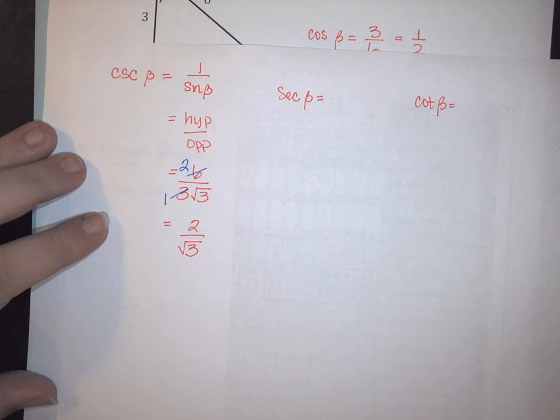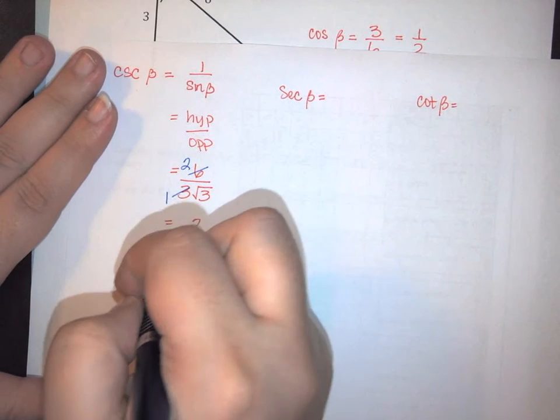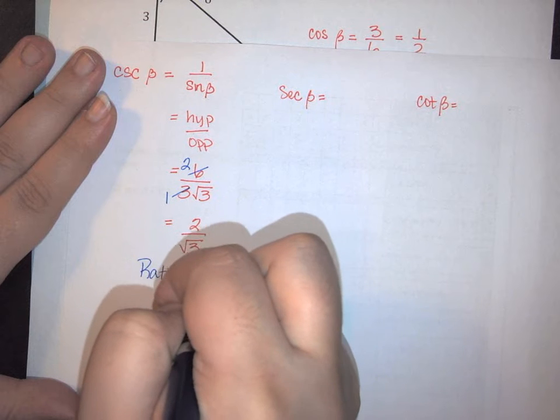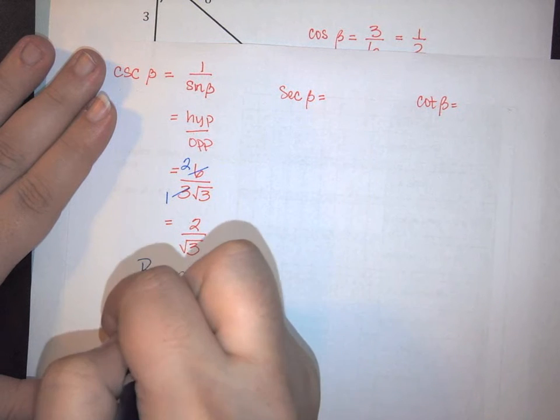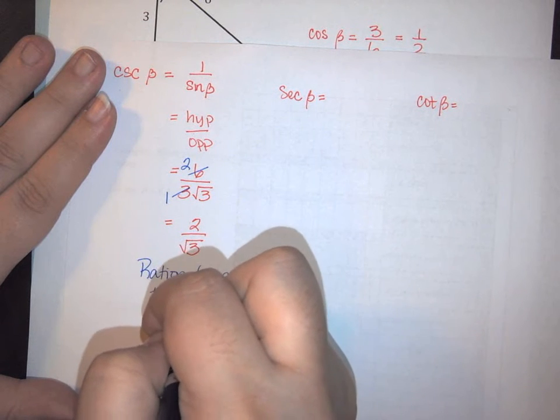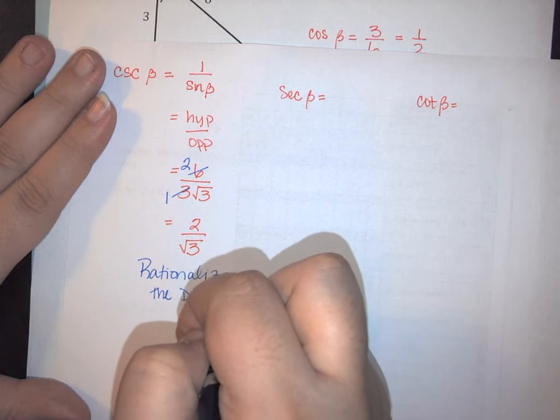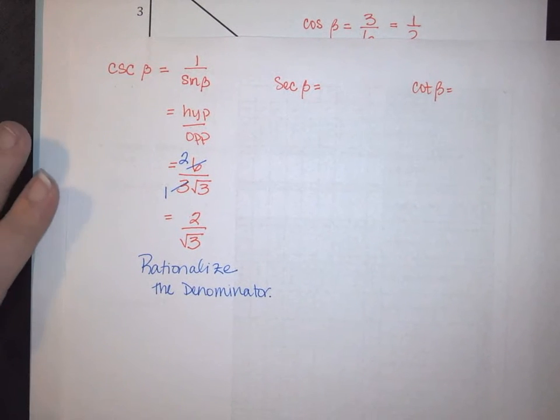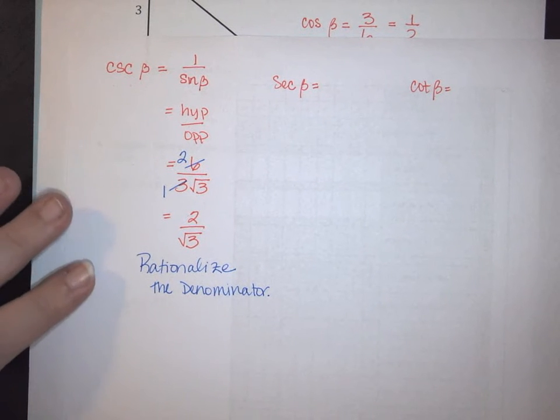Now one thing that most students forget is we now have to rationalize the denominator. So this means you cannot leave the radical down there.